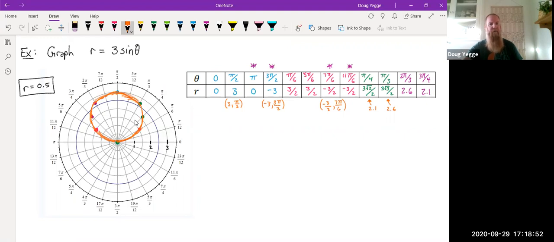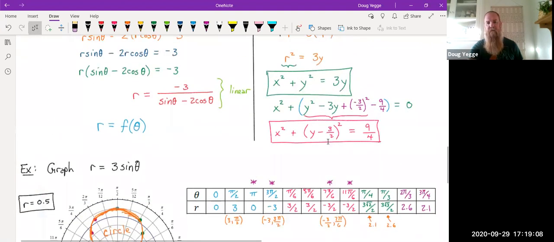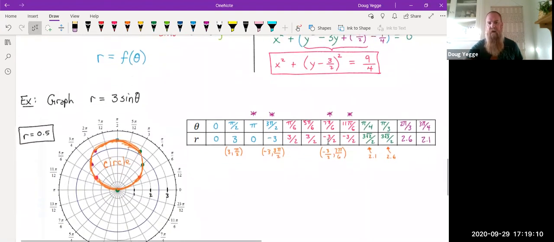So notice that as I start moving around my curve, it turns out that r equals 3 sine theta is a circle. But we should know that it was a circle because we actually already came up with the form of that circle right over here.